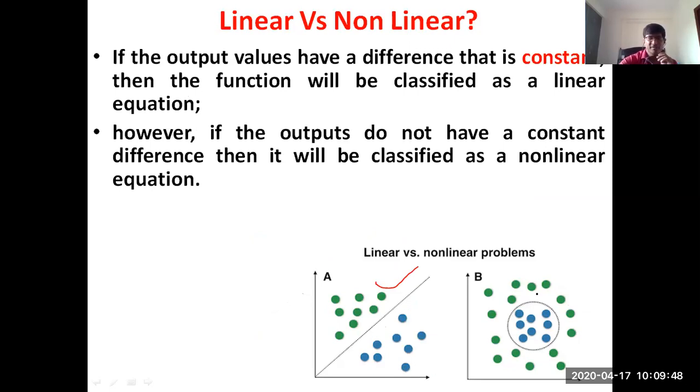Whereas if you see the right hand side of this diagram, it is not possible to draw a linear line and classify the two kinds of inputs, that is green and blue circles. So in that case, definitely we have to look beyond linear functions, and that is where the role of non-linear functions comes into the picture.